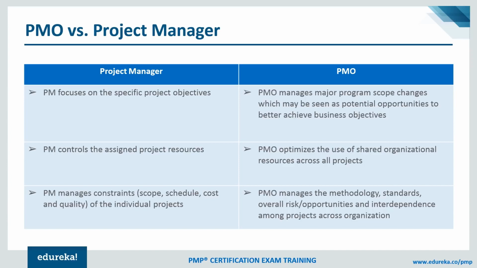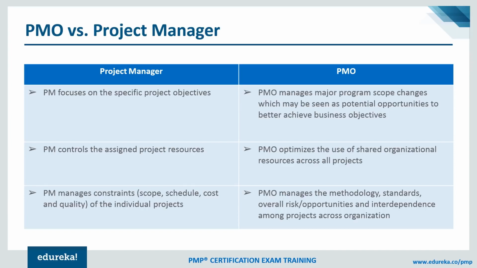PMO also manages major program scope changes, which may be seen as a potential opportunity to better achieve business objectives. Your program may go for realignment, and your program scope may change from time to time. So PMO will ensure that those changes are rolled down to the project level, and then the new objective is given to the project manager.